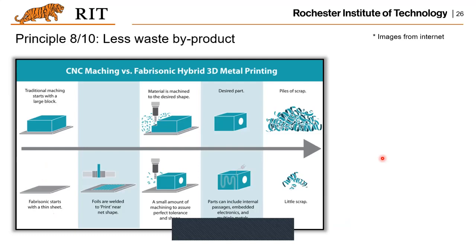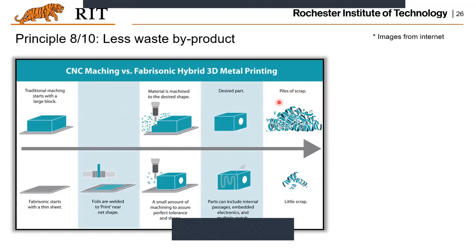So the eighth principle talks about the material waste compared to subtractive. If we look at an example of the CNC machine, right? For a CNC machine, it starts with a large block like the one shown here, and the material is machined to be removed from the original block. And it turns out you will have the desired part like this and a pile of scrap, right?